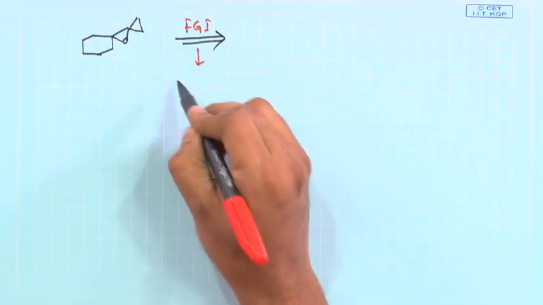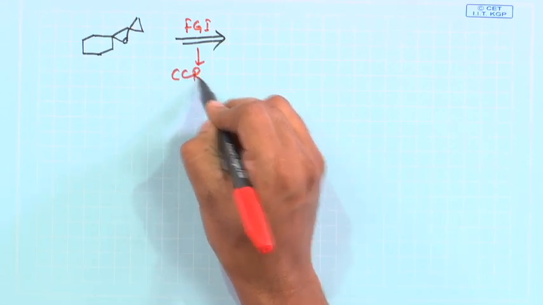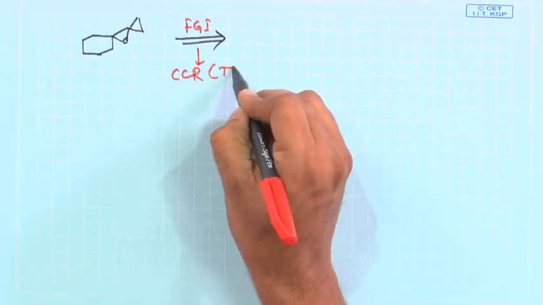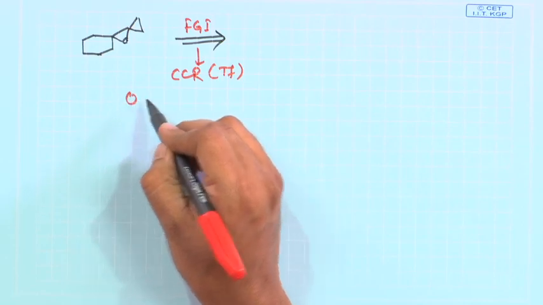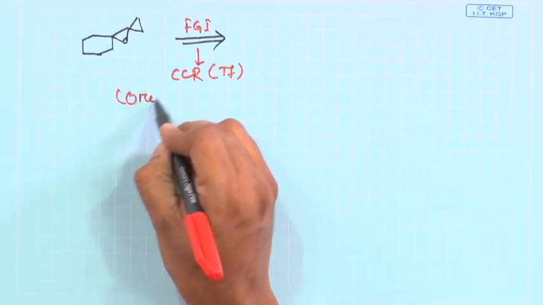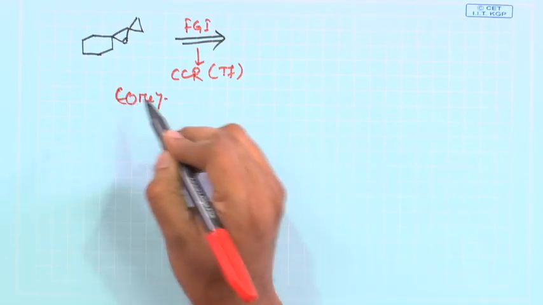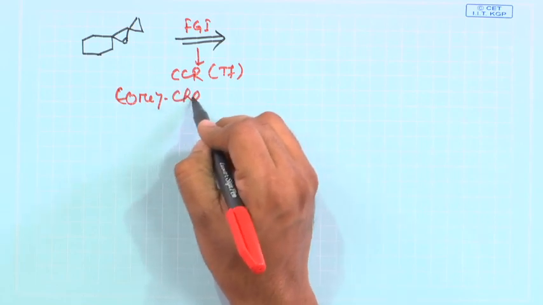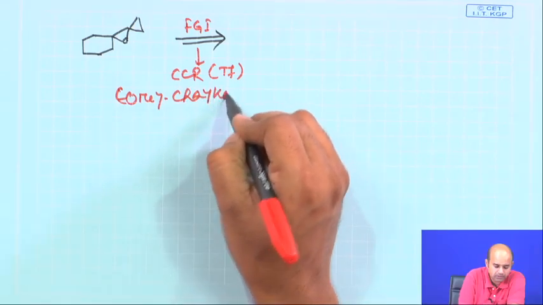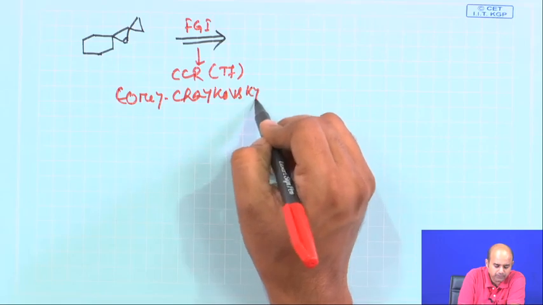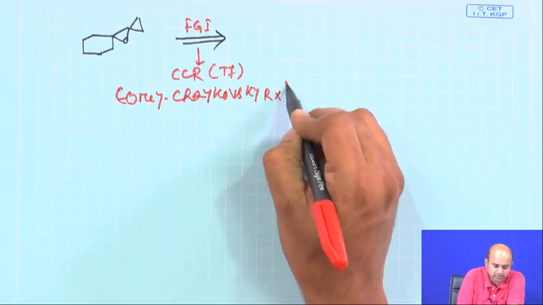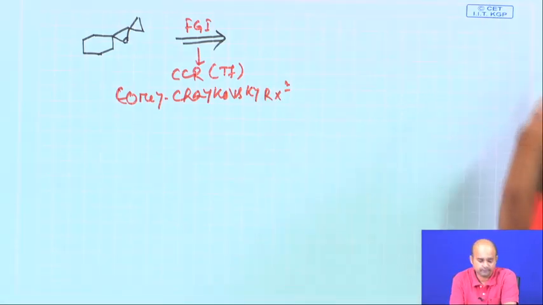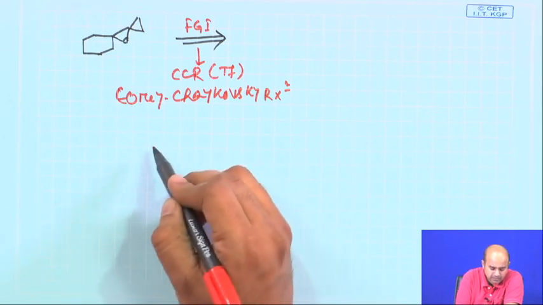Now, this transformation is named as the Corey-Chaykovsky reaction or Corey-Chaykovsky transformation. I will write it. Corey is the famous E.J. Corey. Corey-Chaykovsky reaction. Now, what exactly is this reaction? This reaction is a very interesting reaction.